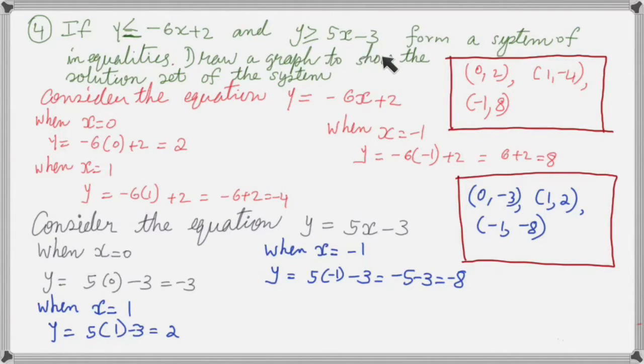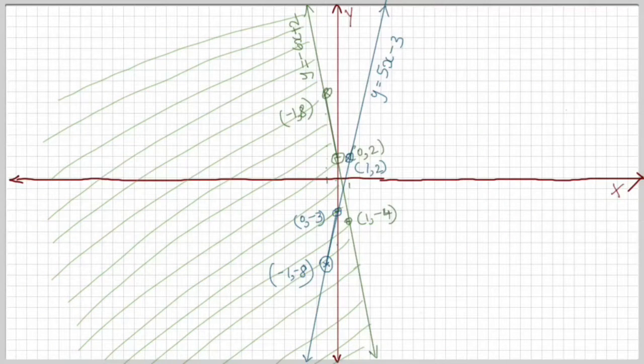Now look at the second inequality, y greater than or equal to 5x minus 3. Okay, and here this is the equation y equals 5x minus 3, right?